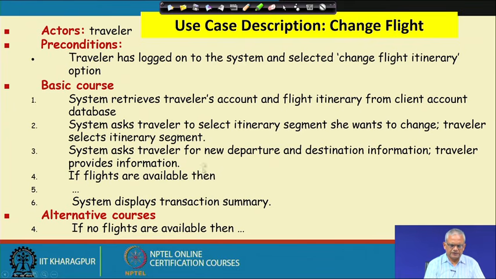This is the main line sequence, and then there can be alternate sequences. If there are no flights available for the segment, then an error message is displayed and so on.